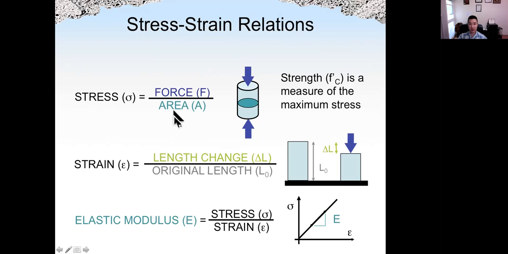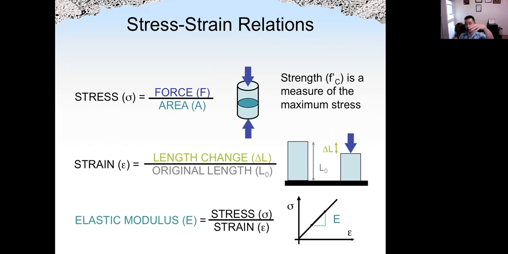Stress, we call that sigma, is equal to force F over cross-section area A. Okay, and F prime C is the measurement of the maximum stress the cylinder, the specimen can resist. Okay, and the strain, we call that epsilon, is the change of length over L0, which is original length of the specimen. Okay, depending on it is compression or tension.